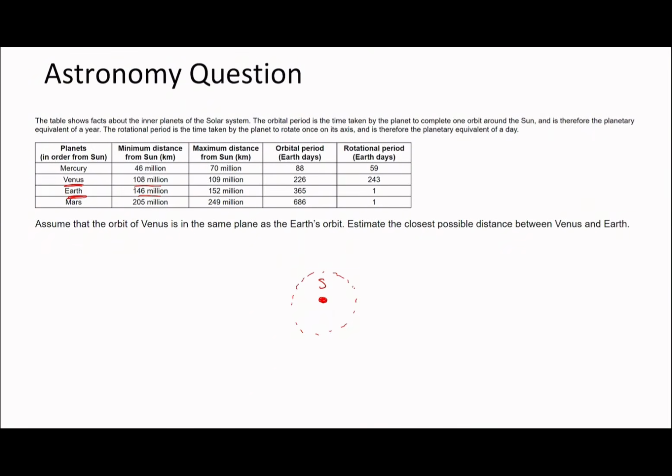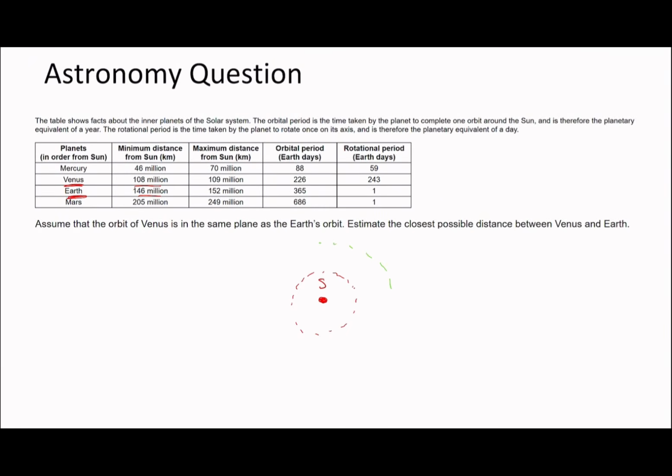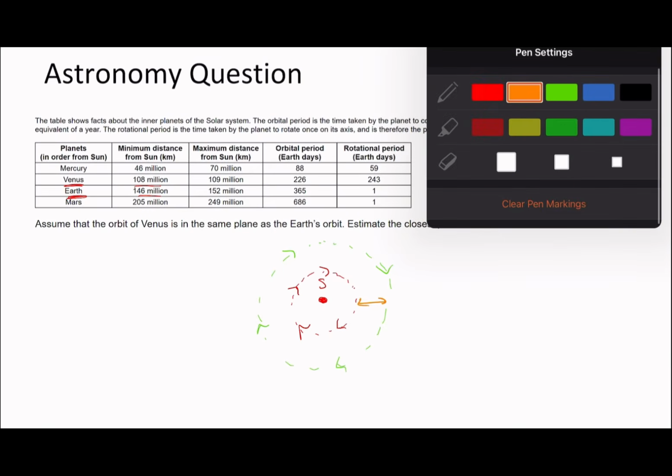The point here is that the minimum distance is when they are both, because they're just randomly at some point along here, each one of them. For example, they'll be the closest when they're both on the same horizontal axis, or vertical axis or whatever. As long as they're lined up, that's when they'll be the closest.